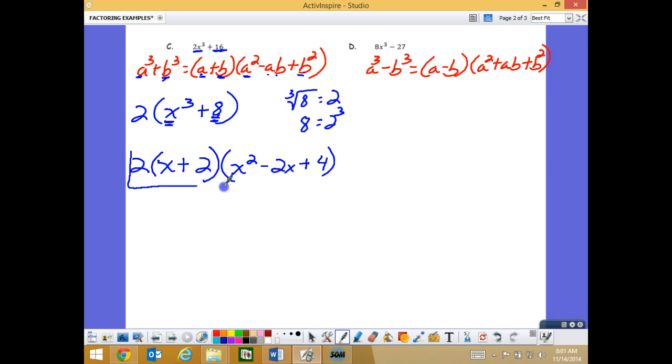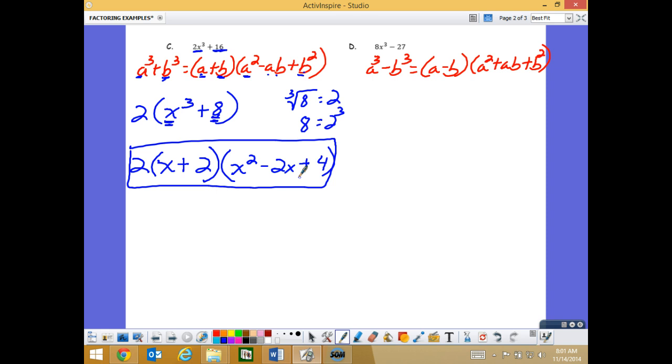So this is the factored form of this. And again, once we start throwing these into equations, then you would set each part equal to 0, and you're able to solve each piece of that. Because now you can solve these quadratic equations.